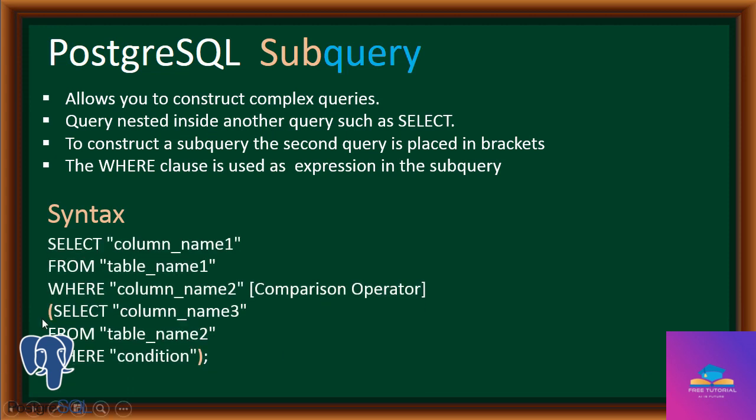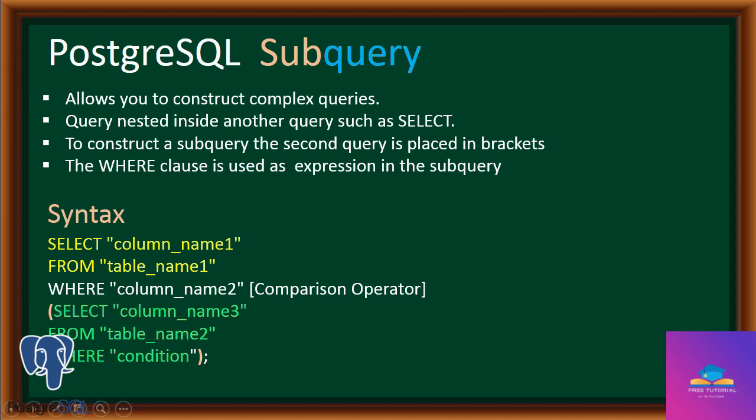So this portion here where you've got the brackets, that's this bracket here and this one here in between, this is known as the inner query. So this here is the embedded query. It is known as the inner query, while this part of the query here is known as the outer query.